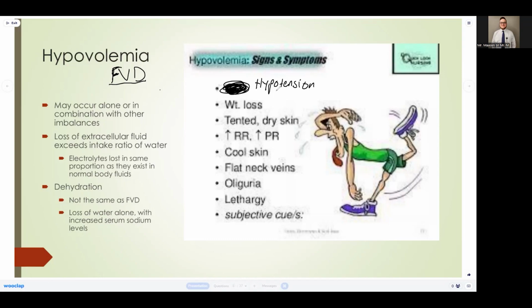That's tenting. They'll have an increased respiratory rate and a higher pulse, as the heart tries to compensate for the missing fluid in the bloodstream. Oliguria is a low urine output, and they're just going to be generally tired.